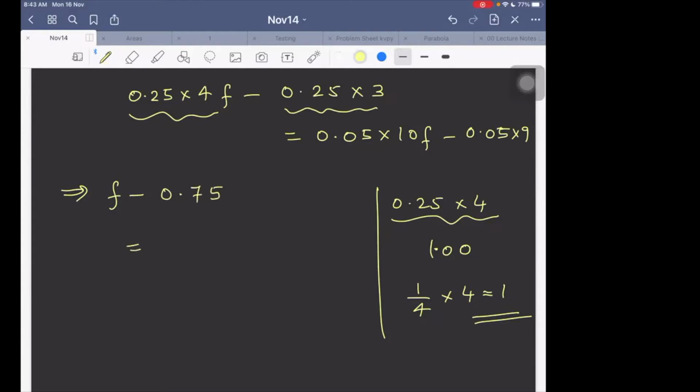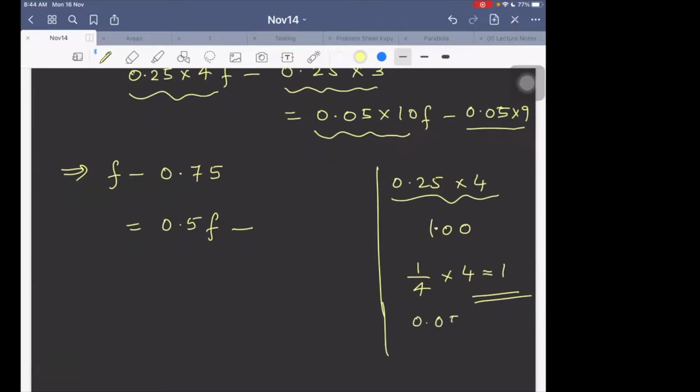Right? On the RHS, we have 0.05 into 10. That is going to be 0.5f. 0.05 into 9 is going to be 0.45. Why? Because, again, same logic.